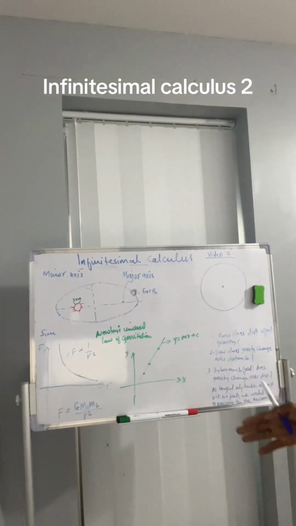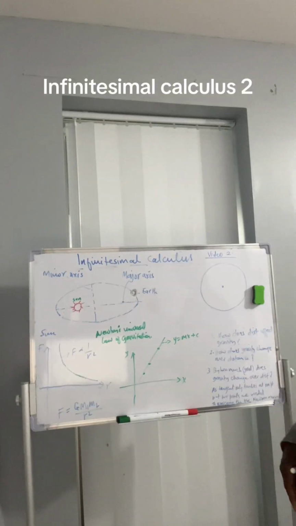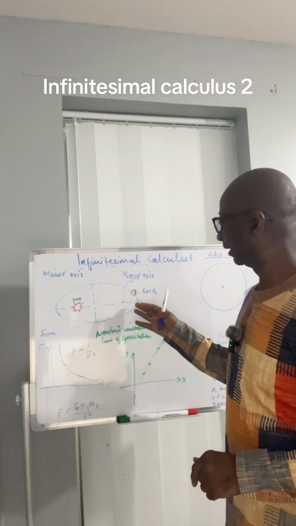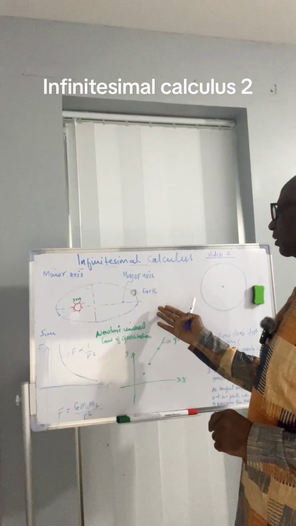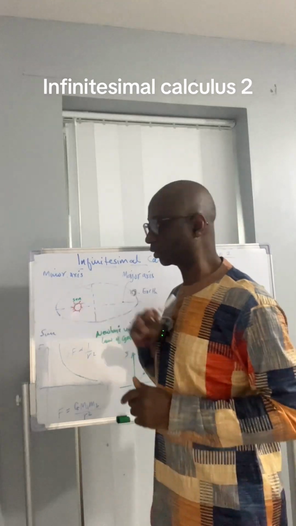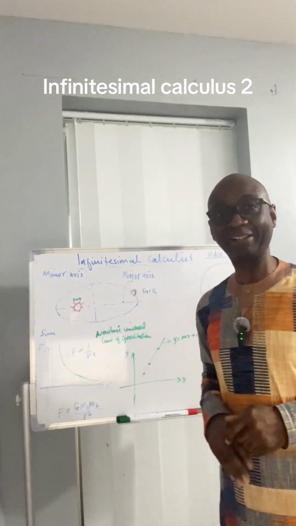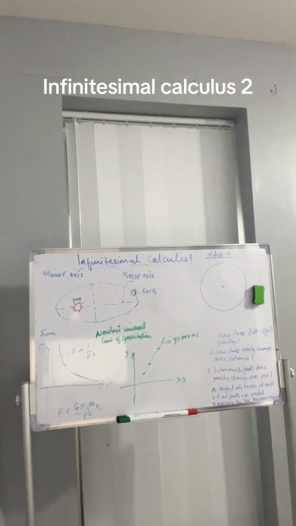He was just trying to understand the motion of the planets. That's all. Why does this planet, when it moves away from the sun, have its speed reduce, but when it comes closer to the sun, its speed increases? This is the kind of thing he was trying to understand.